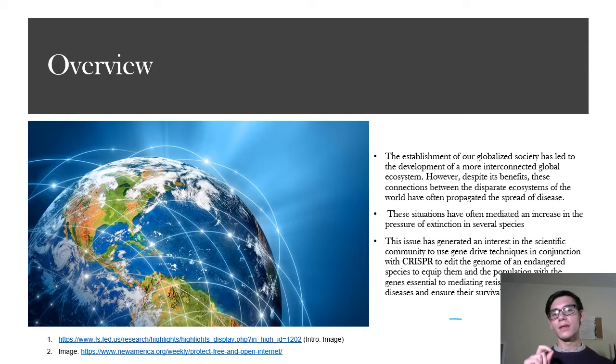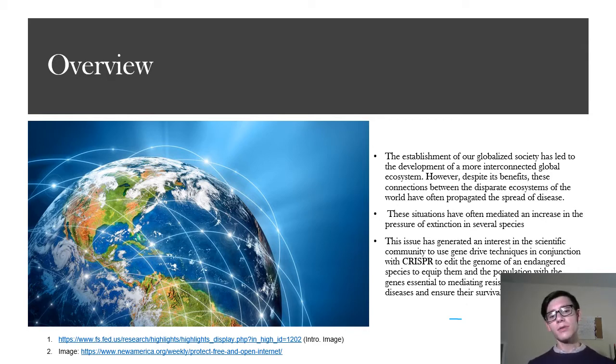Now, most of the species found in different ecosystems usually lack the ability to resist these diseases. That has actually opened up an interest in the scientific community on this topic.